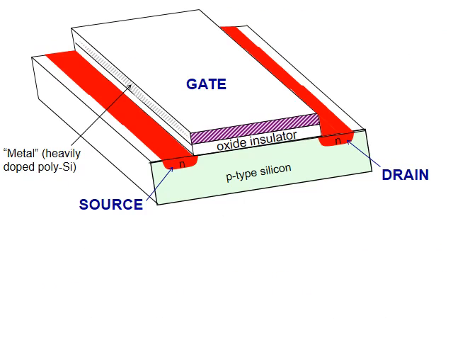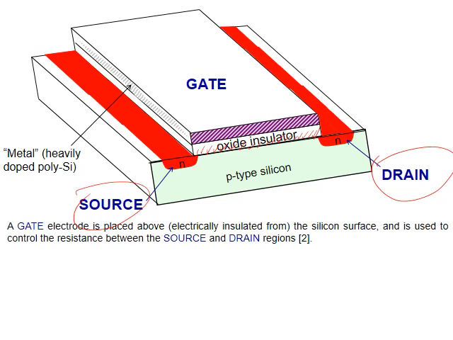Now here you can see this is the drain, this is the source, and this is the gate. Between them, this area is the oxide insulator, which insulates the gate from the drain and source, so there is no electrical connection between them. We use N and P types as we discussed in the diode and transistor, and the names of the terminals are gate, source, and drain.